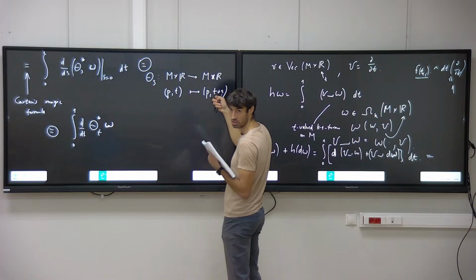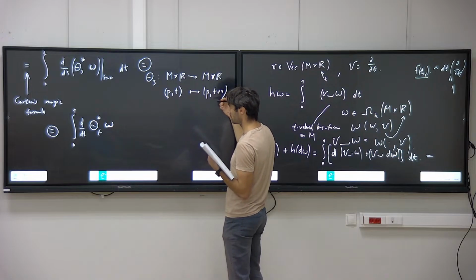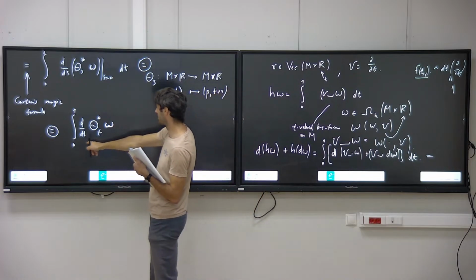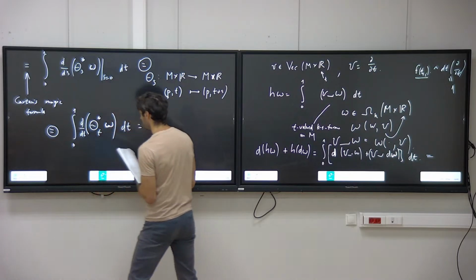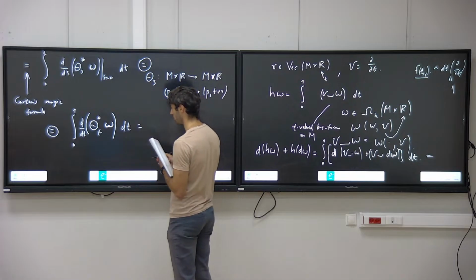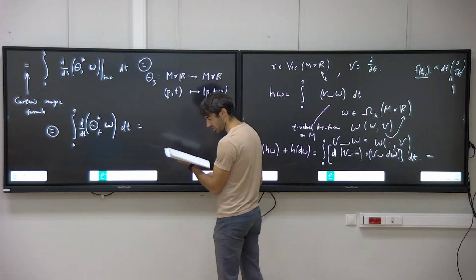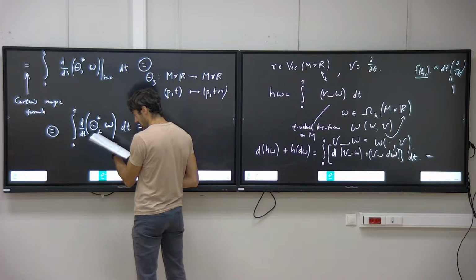I am at the point t, right? How do I take the derivative at t? I shift by s and consider the limit as s goes to 0. So this is really the derivative at t. It's an integral of a derivative, so therefore it will be just what?